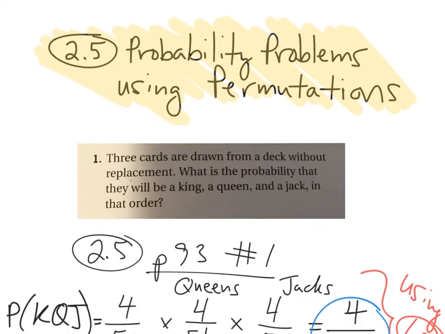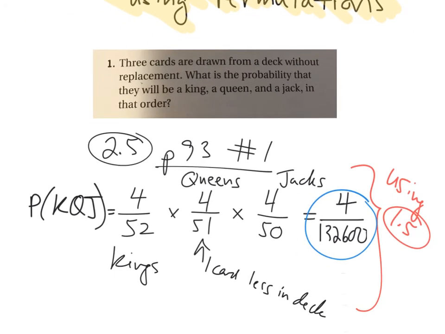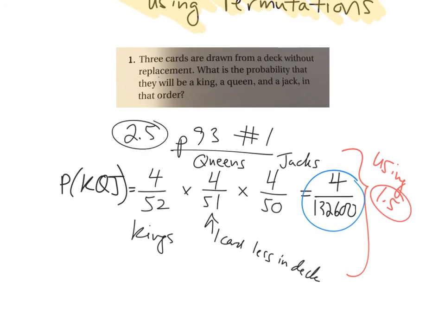Well, if you think of what you learned in lesson 1.5 involving independent and dependent events and conditional probability, then the first event in this compound story is drawing a king.